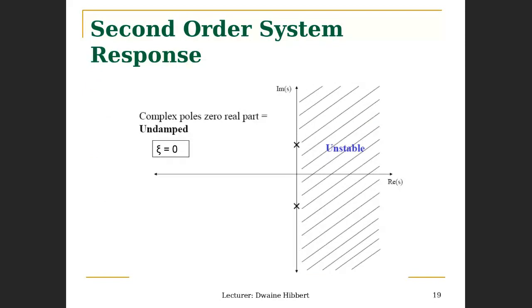Now we're going to look at another possibility, and what I'm going to say to you here is that in control systems we don't consider this as something that we want to have happen. This is not something that we would want to see happen, and this is what we call an undamped system. Can anybody guess what kind of behavior you expect on an undamped system? What do you expect to happen on an undamped system?